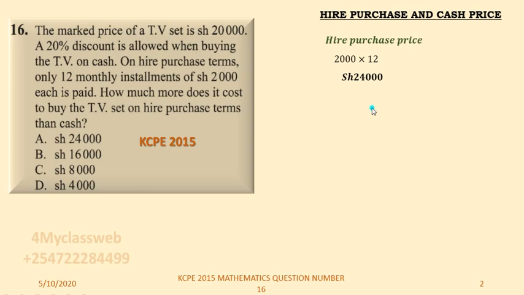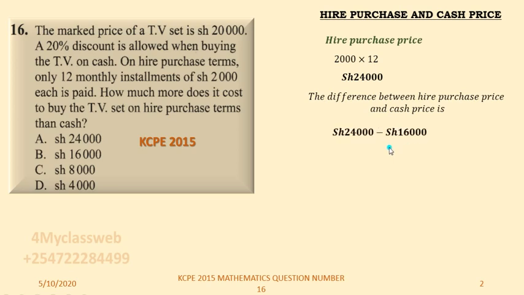So if you compare the cash price and the hire purchase price, this is higher than the cash price. Now, to answer the question, we are supposed to get the difference between the hire purchase price and the cash price. We can only do it by taking the hire purchase price and subtracting the cash price.